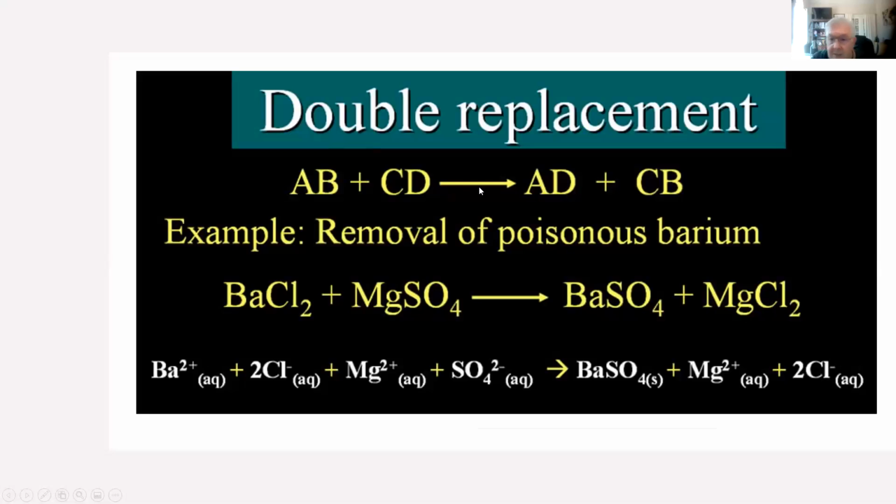In order for this reaction to happen, it's very important that one of the compounds that is formed is a solid, a gas, or a weak electrolyte. In this case, barium sulfide is a solid. This reaction is used in order to remove barium from a compound.